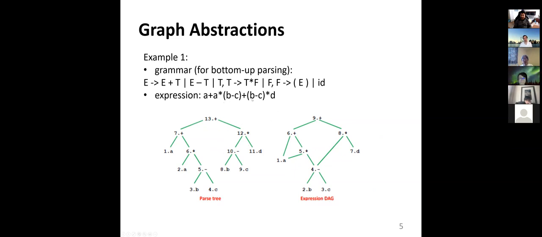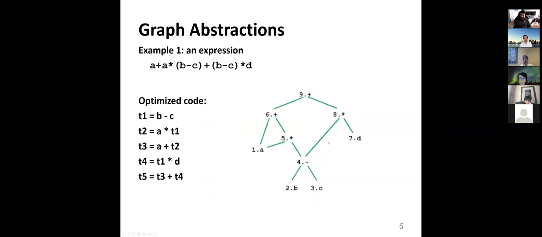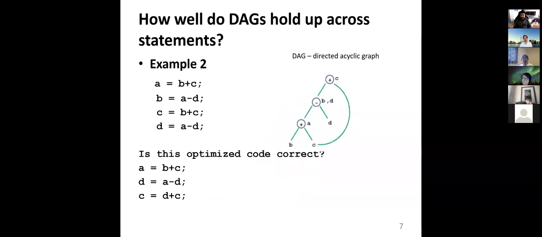We've shown that this expression can be successfully represented in this form, and that's how it's going to be stored, and how you generate and optimize code. The problem is that this abstraction, even though it works for this expression, might not work for statements. It might work in one case, but not in another case in terms of applications.